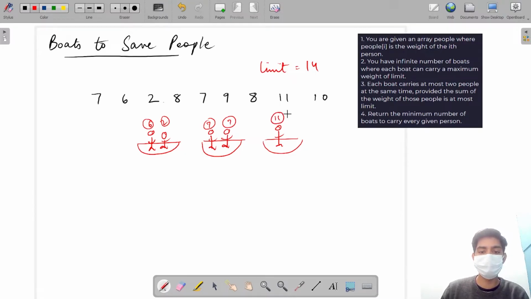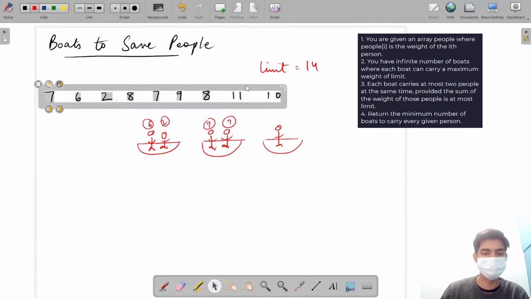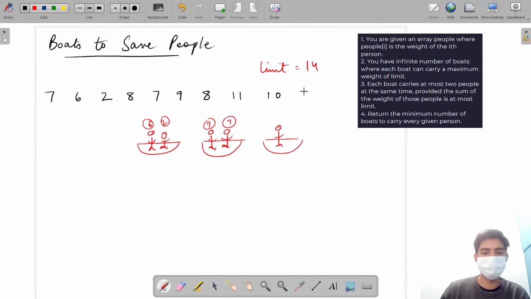Or let's make another element of 13. Let's say I also have a 13. Now I cannot pair this 13 with anyone else, right?